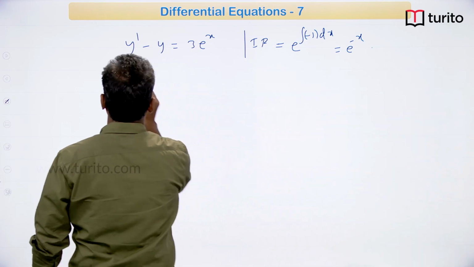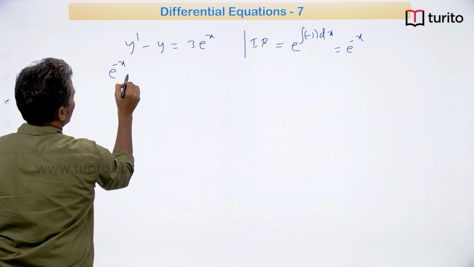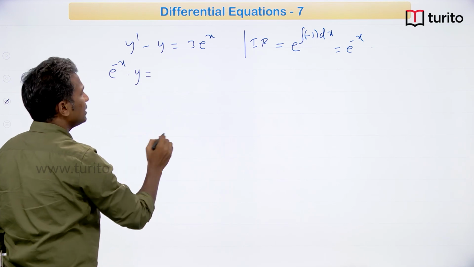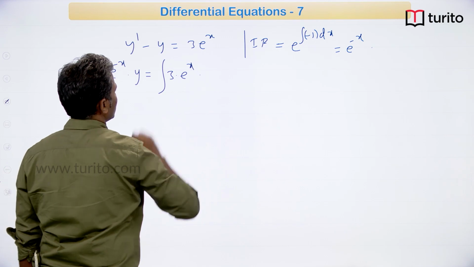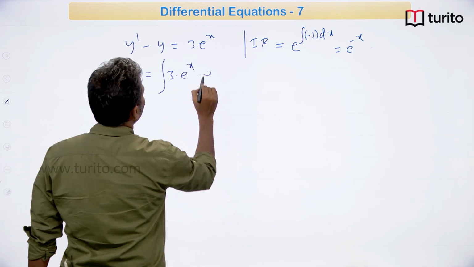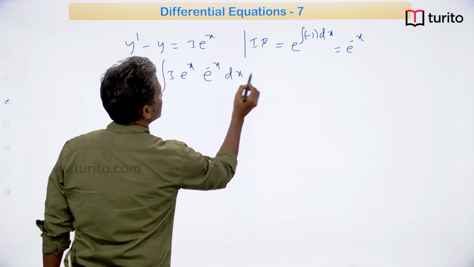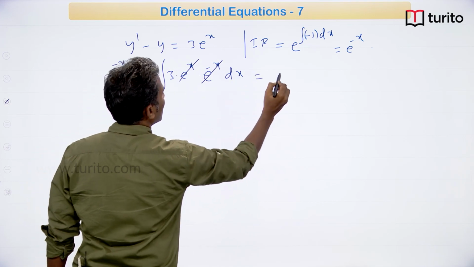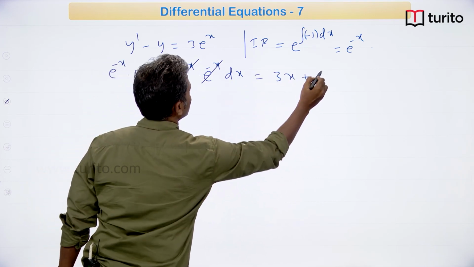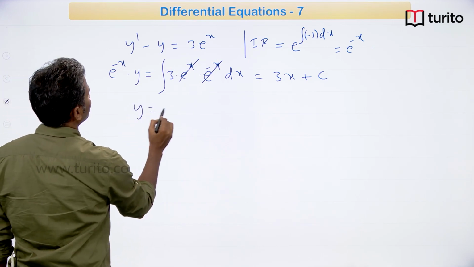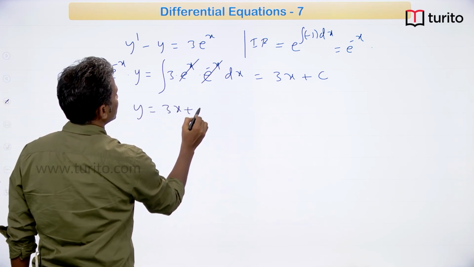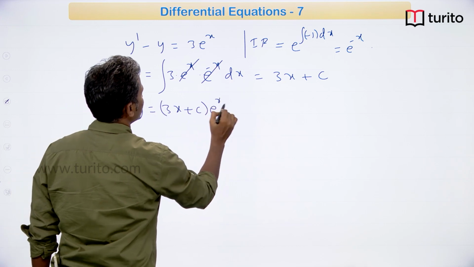So, if I put it here, the integrating factor into the dependent variable is equal to the integral of 3 into e raised to x, that is the RHS, into the integrating factor dx. Okay. So luckily the RHS has become 3x plus some constant c. So y becomes (3x plus c) into e raised to x.